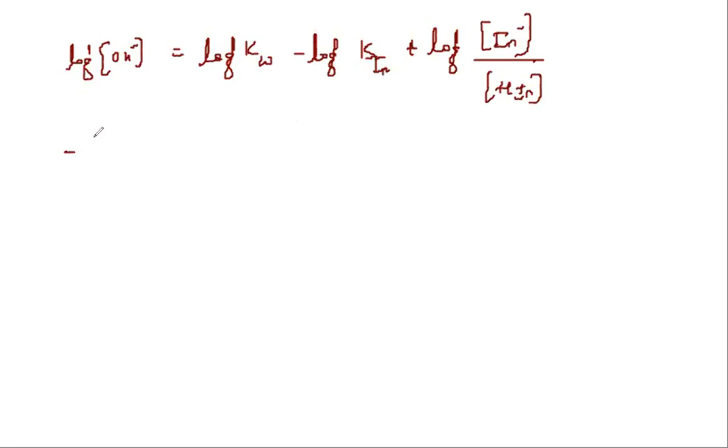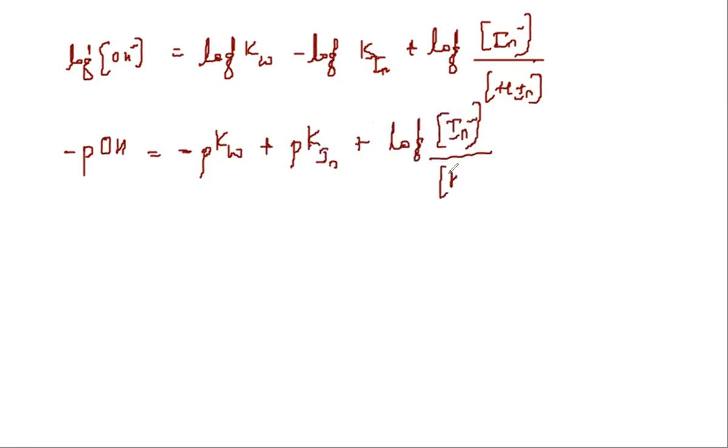If it were minus log OH minus, I would have written pOH. Since there is no minus, I'll write minus pOH. Then minus pKw, and here minus log K_In, so plus pK_In, plus log concentration of In minus to the concentration of HIn. Correct?